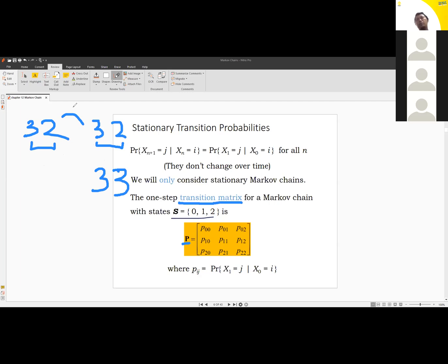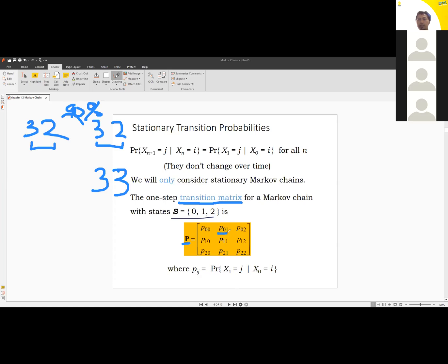Maybe the probability that tomorrow has the same temperature as today is 90%. So there exists a probability. And so on.